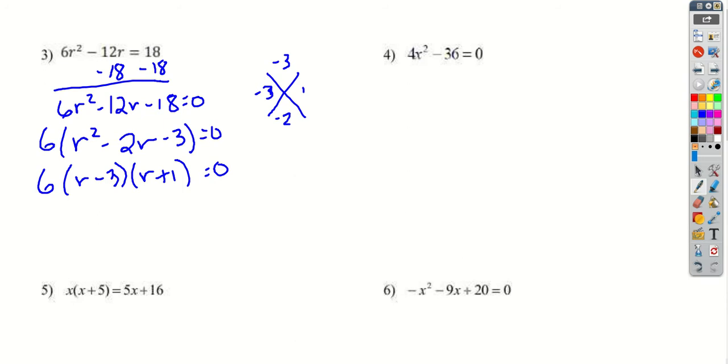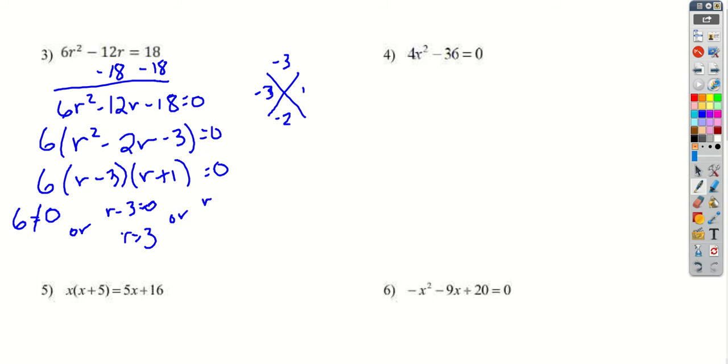Now the first factor is 6. So we're going to say the 6 equals 0, and no, it doesn't. So we're going to do the not equal sign, and then this factor is essentially gone. So that solution can't be 6, because 6 can't equal 0. We're done with that one, okay? Or we're going to get r minus 3 is equal to 0, which in that case means that r has to equal 3.